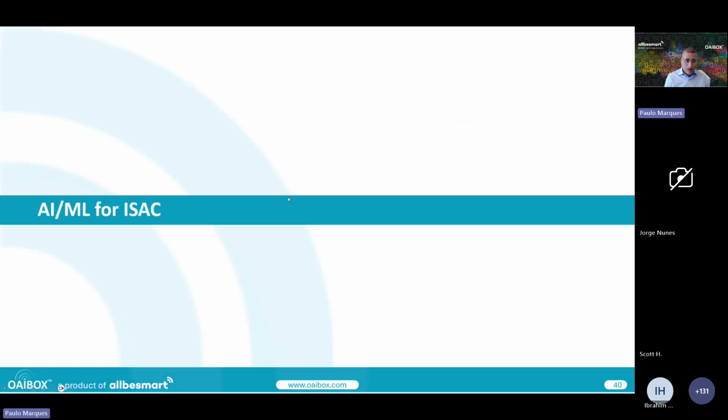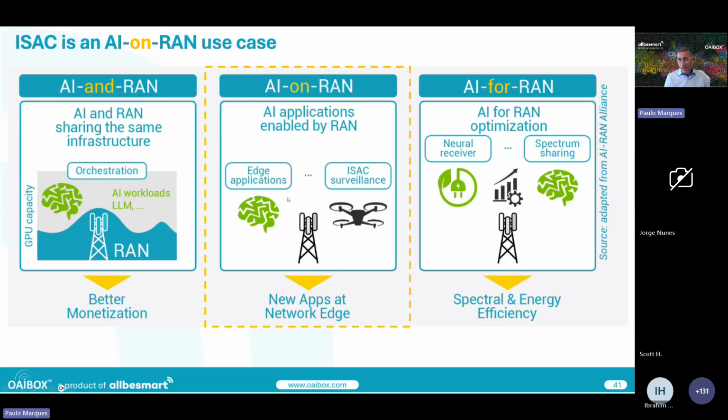So what is the role of AI machine learning for ISAC? If you look at the AI-RAN Alliance work, they have identified these three main use cases for AI-RAN: AI and RAN, AI on RAN, and AI for RAN. In AI on RAN, the idea is to use AI applications that are enabled by the radio access network.